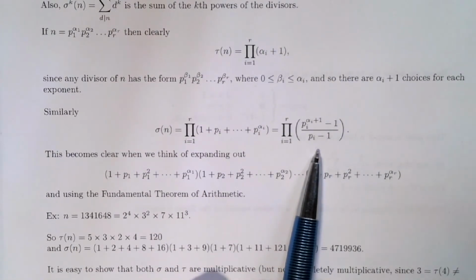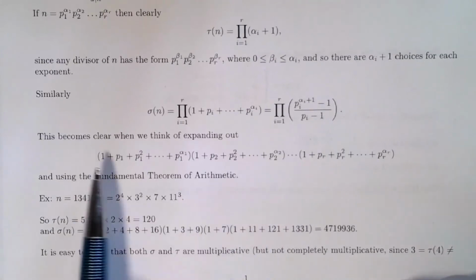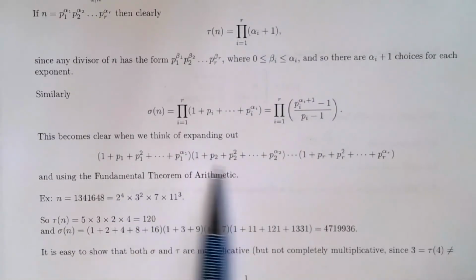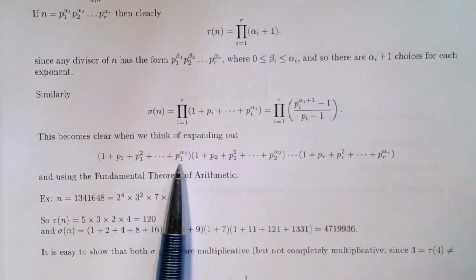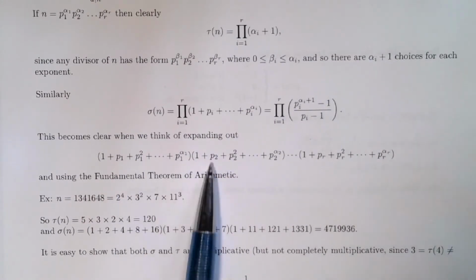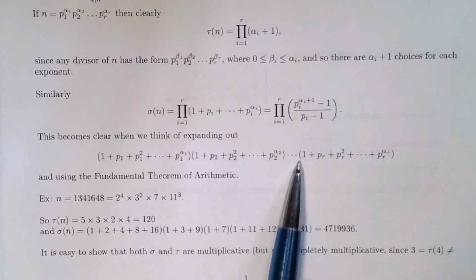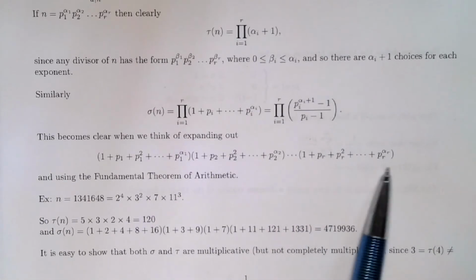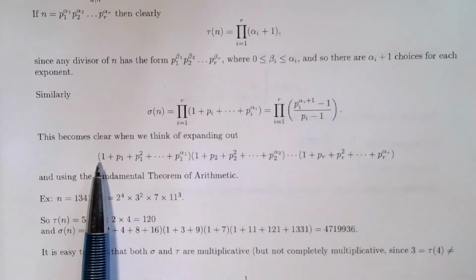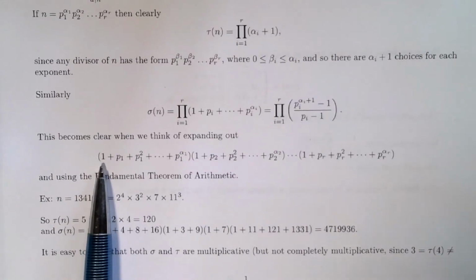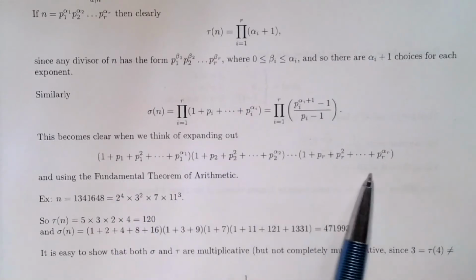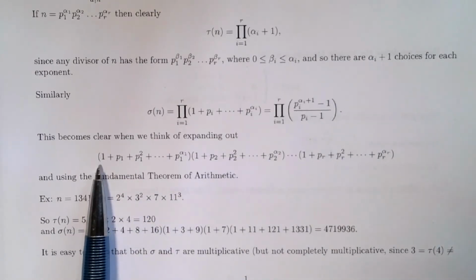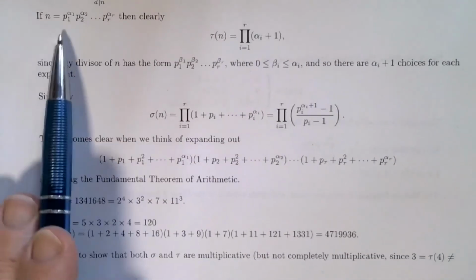This becomes clear when you simply look at expanding out these brackets. So you take 1 plus p1 plus p1 squared up to p1 to the alpha 1, and then you take 1 plus p2 and so on up to finally 1 plus pr. And if you take a deep breath and expand all this out, then by unique factorisation you're going to get every factor of this number n up here.